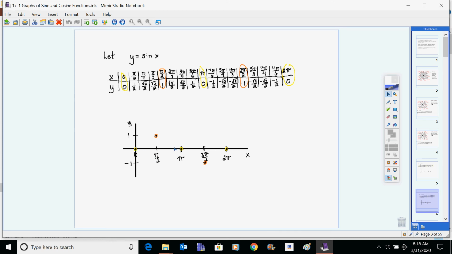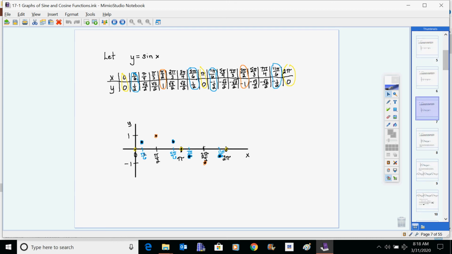Now, we don't just connect the dots in straight lines. For a sine curve, when you graph the other points, like at pi over 6 and 5 pi over 6, those values are at a half. And at 7 pi over 6 and 11 pi over 6, those values are negative a half. All of a sudden we begin to see a pattern where you've got a curve going on, but not an exact straight line.